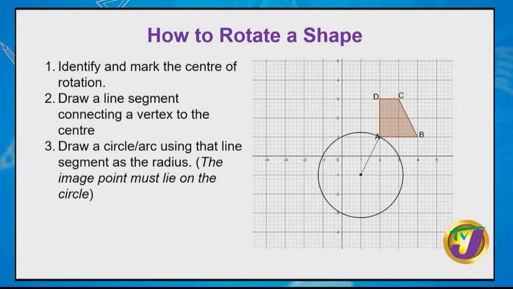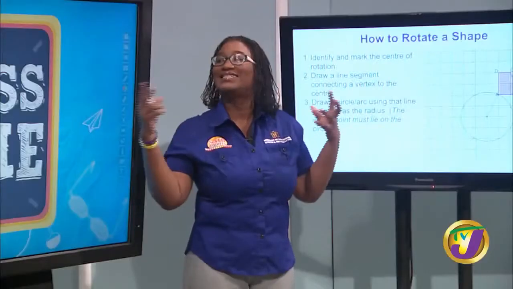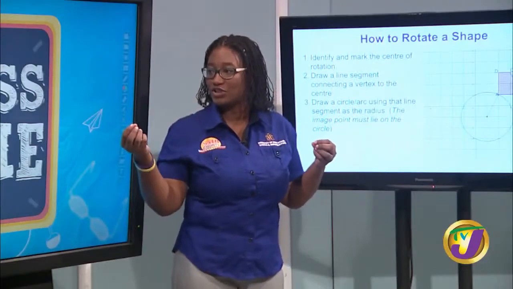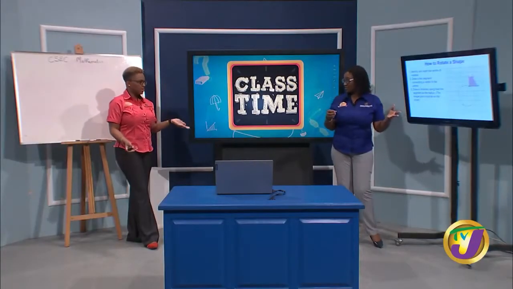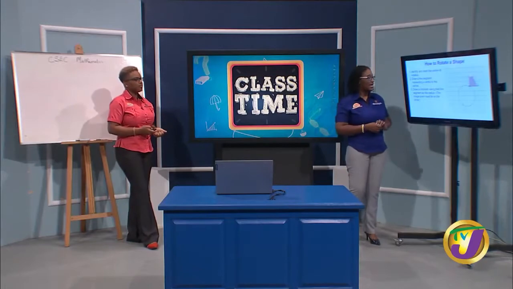So for example, our object or pre-image is ABCD. So when we rotate ABCD, we would get A prime, B prime, C prime, D prime. So it's pretty much just being able to identify which is our object or pre-image and which is the image. Yes. All right, thanks for that, Latoya.